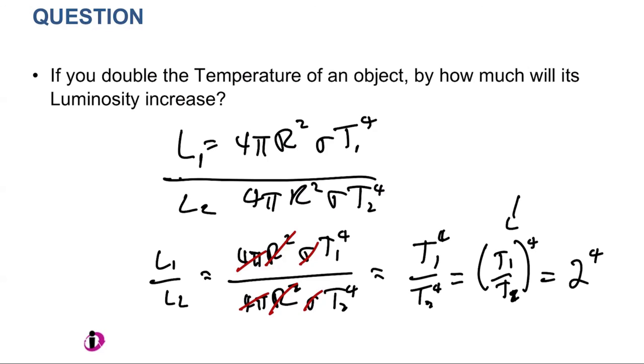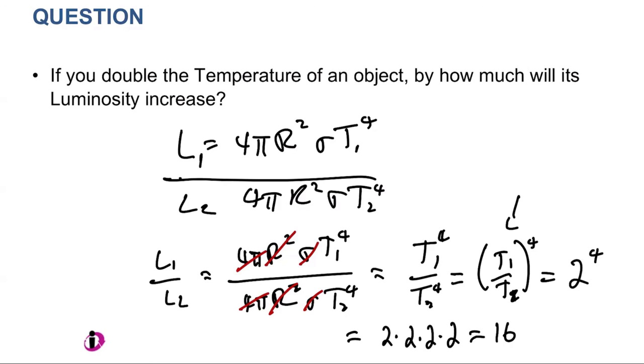And so in this particular case, doubling the temperature will lead to a luminosity change that is that factor of 2 to the 4th power. And what is 2 to the 4th power? It's 2 times 2 times 2 times 2, 4 times, or 16, right? If you double the temperature of an object, its luminosity has to go up by a factor of 16 to compensate.